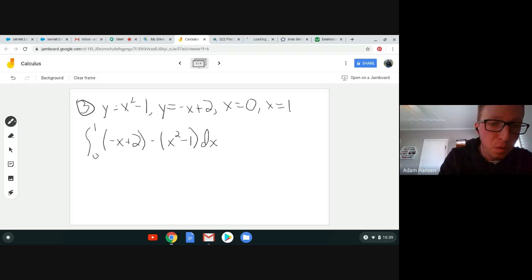If I simplify this, between 0 and 1 of negative x squared minus x, 2 minus negative 1 is 3.